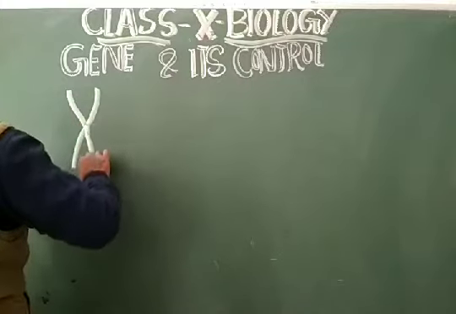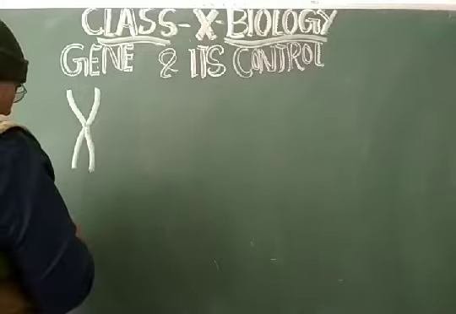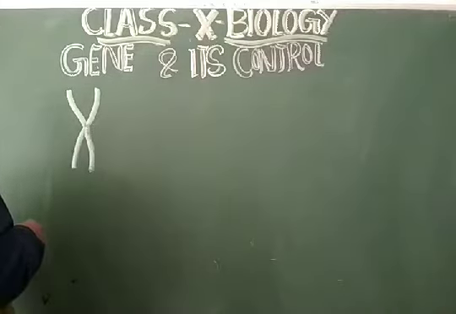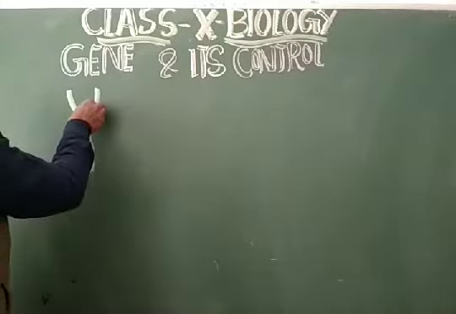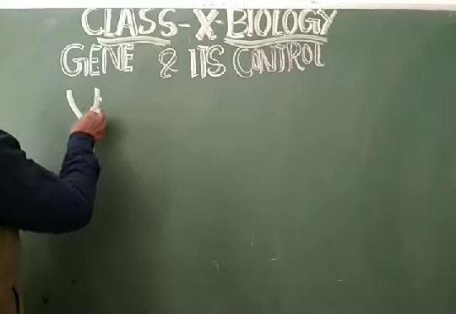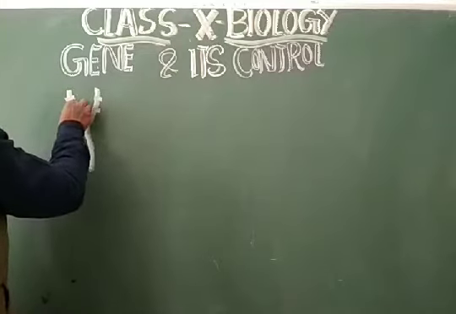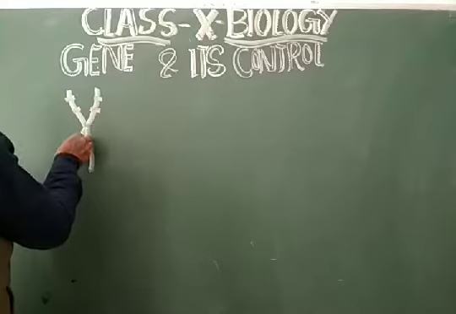If this is the chromosome, then there will be the presence of different genes in the form of bands, and these bands are known as the specific genes which are present on it.